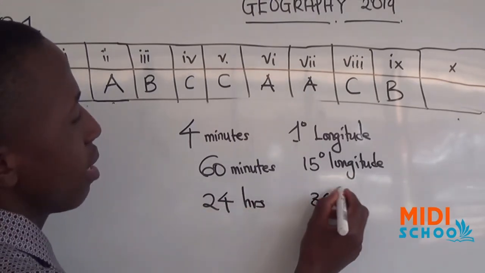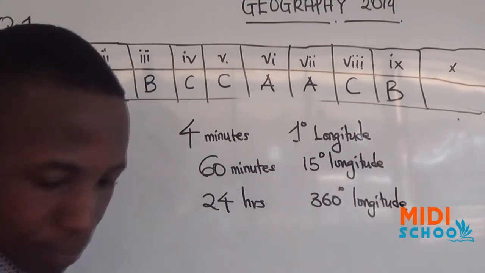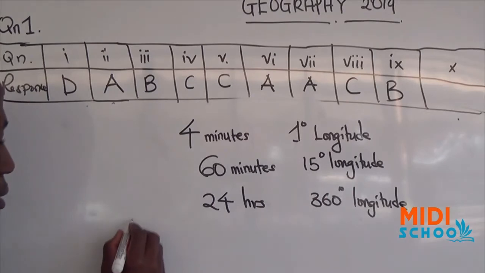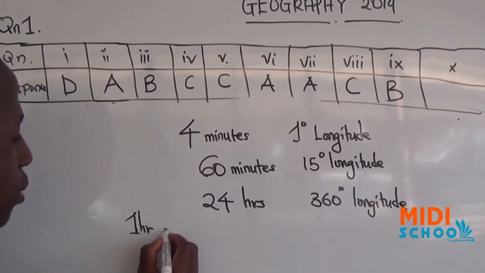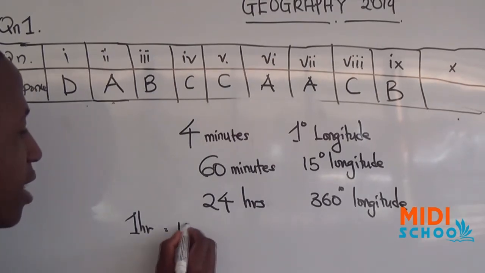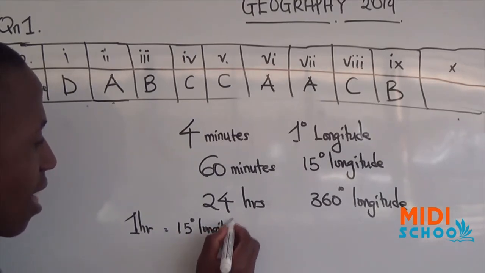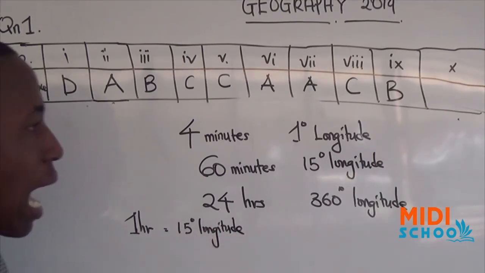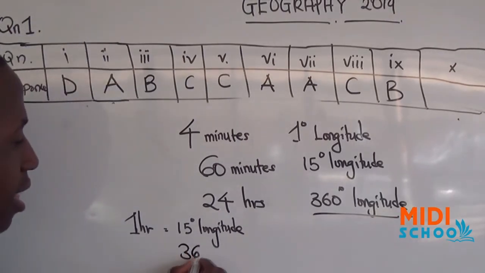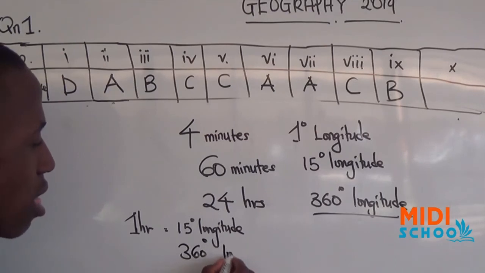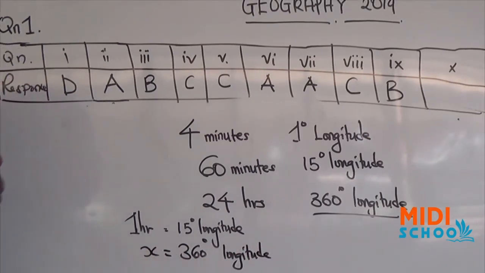This is 360 degrees longitude. If 1 hour is equal to 15 degrees longitude, then 360 degrees longitude will have how many hours?